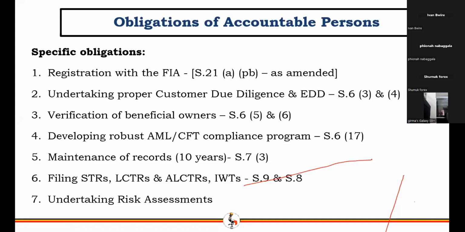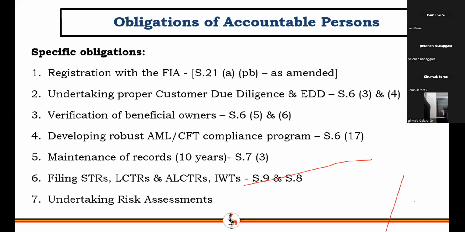Undertaking proper customer due diligence is very crucial. At the point of establishing a business relationship with a client, one of the key steps is to profile your clients, because that is what will guide you on the risk-based approach that we talked about. When you profile your clients, you are in position to know that these are high risk and these are low risk.